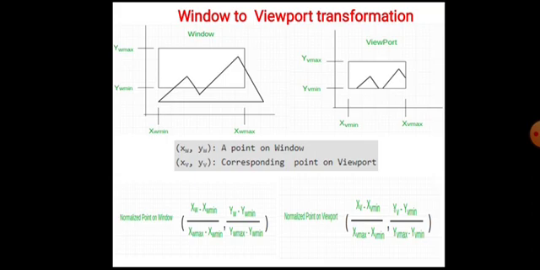Similarly, the normalized point on the viewport is given by XV minus XV minimum divided by XV max minus XV minimum, and the Y coordinate is given by YV minus YV minimum divided by YV max minus YV minimum.